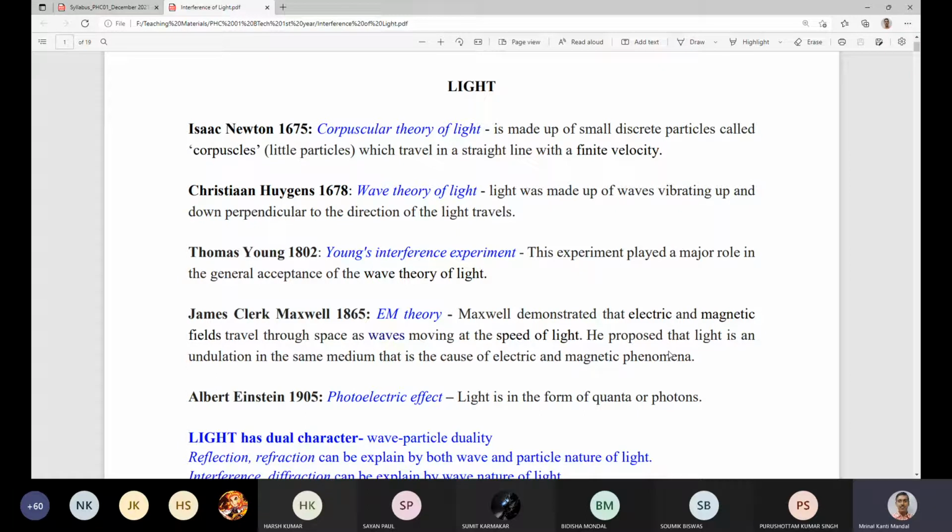Later on, that electromagnetic theory was introduced, and according to it, when light propagates in a medium, in a vacuum or in free space, the associated electric and magnetic fields are also there.